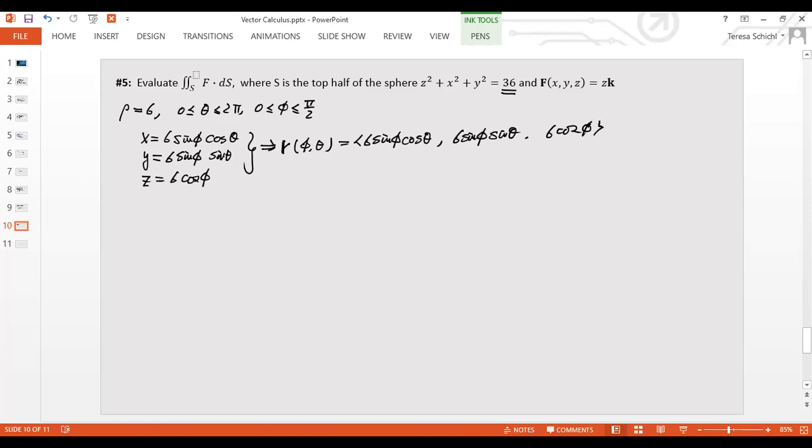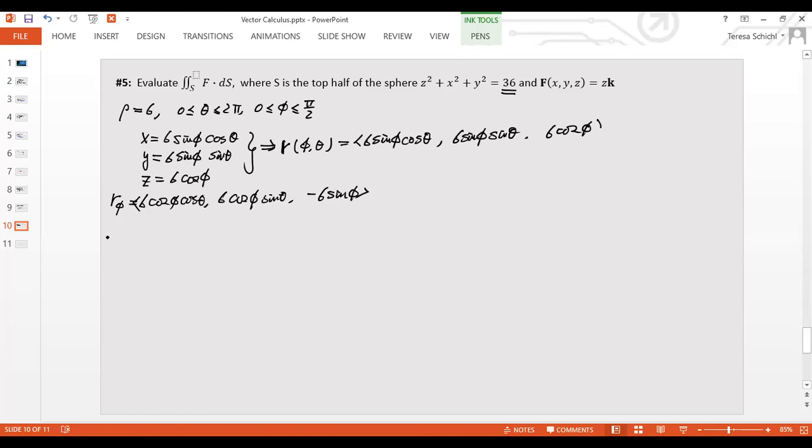Okay, so now let's do the same thing. So after this, I take the partial for phi. Okay, partial for phi, I will have 6 cosine phi cosine theta, 6 cosine phi sine theta, and negative 6 sine phi, right?